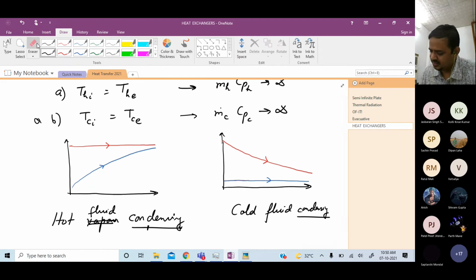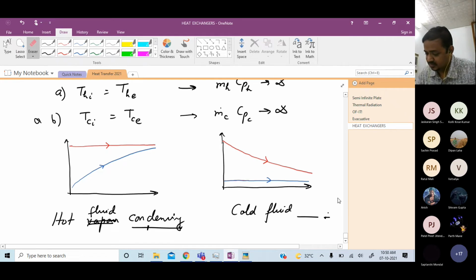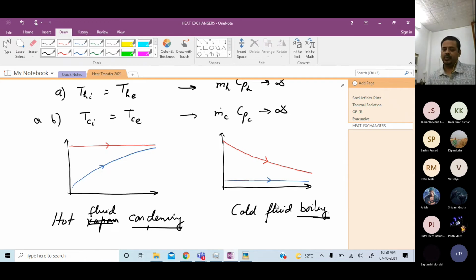Hot fluid is condensing. How can a cold fluid condense? Cold fluid is boiling.